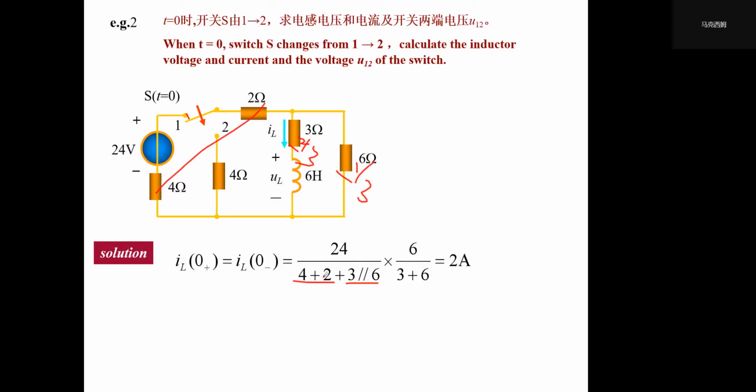So 4 plus 2 plus 3 parallel 6 over 24 is the current, and 2/3, 6 over 3 plus 6, so it's 2 ampere. So it's very easy to calculate, and once we know the original number, we can calculate the corresponding current.